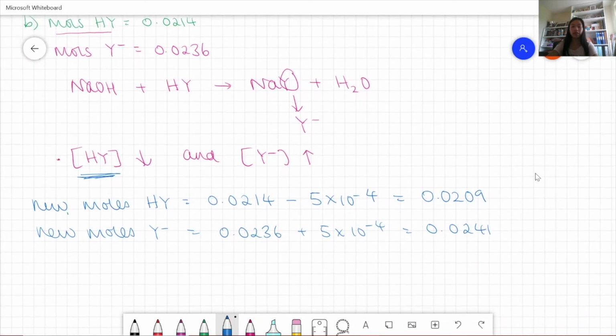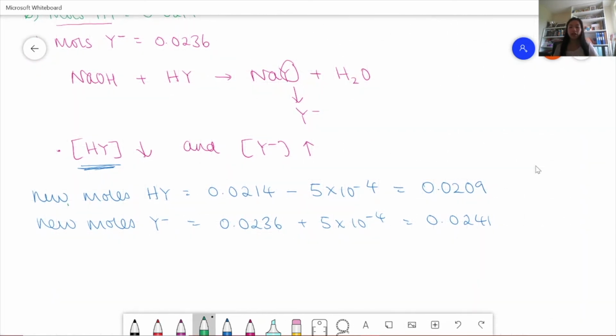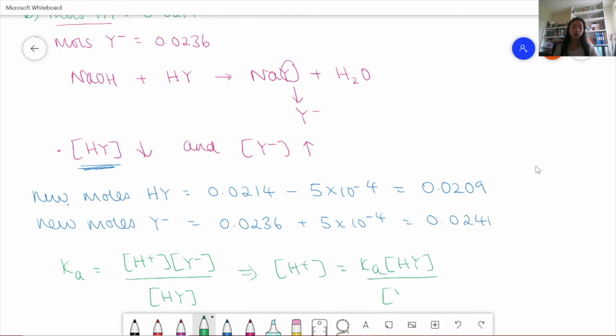And now we use the Ka formula again. So we have the Ka is equal to the H plus concentration multiplied by the Y minus concentration over the concentration of HY. And so to find the concentration of H plus, we must do Ka multiplied by concentration of HY over the concentration of Y minus.